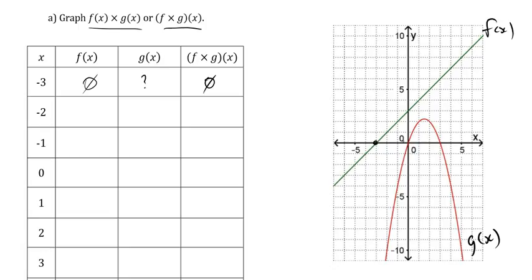That's going to help us understand the nature very well. Okay, so at negative 2, I've got a 1. G at x is negative 10. 1 times negative 10 is negative 10. Okay, so you can go ahead and continue. I won't do all of these for you.